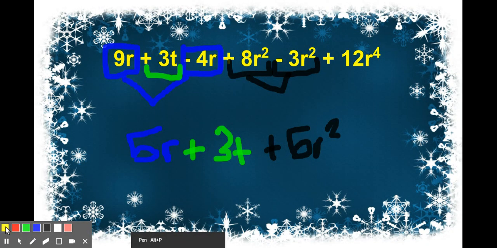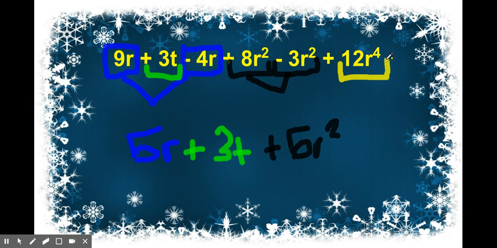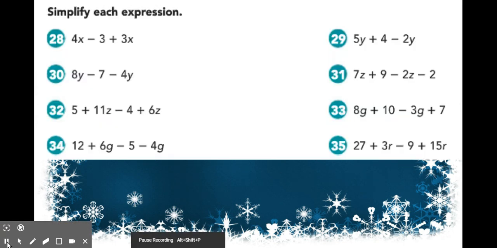Then I take a look at my last term, and I have a 12r to the power of 4. I have no like terms for this one, so I'm just going to write it down in my expression. So when I take this expression and simplify it, I end up with 5r plus 3t plus 5r squared plus 12r to the power of 4.